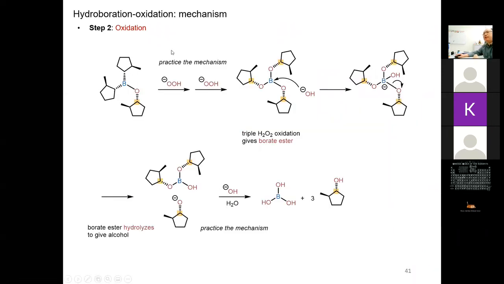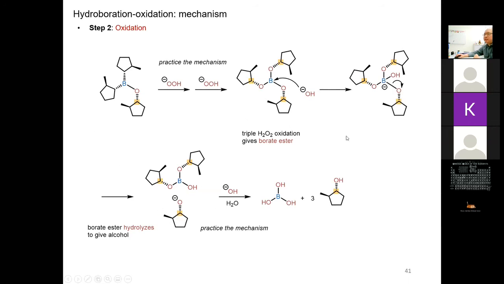So you guys can practice the next mechanism for the oxidation of these other two carbon-boron bonds. The net result is that boron is now bonded to 3 O's, and each carbon is bonded to 1 O. At the final step, the OH will attack the boron to become a negative boron, and this bond will break to form the alcohol.